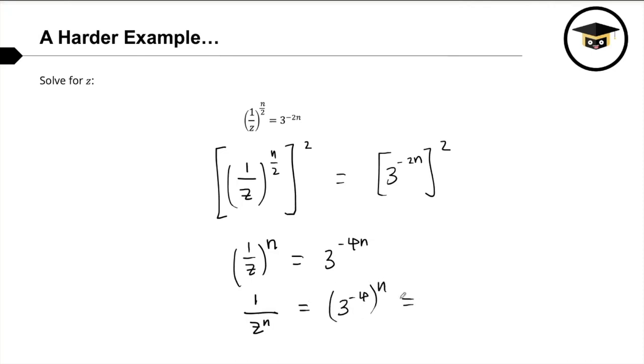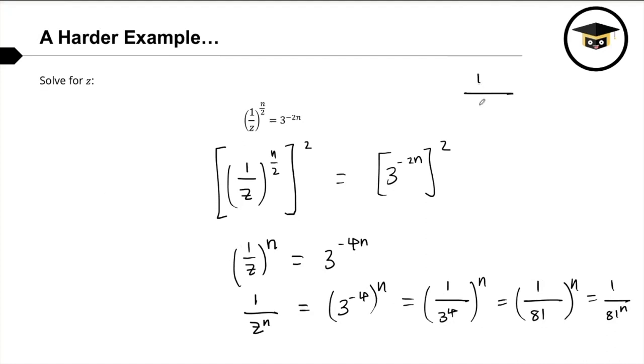And we know 3 to the power of negative 4 is 1 over 3 to the 4, which is 1 over 81. And then if we're powering that to the n, we're going to get 1 over 81 to the n. So we can see now that we have 1 over z to the n is equal to 1 over 81 to the power of n.